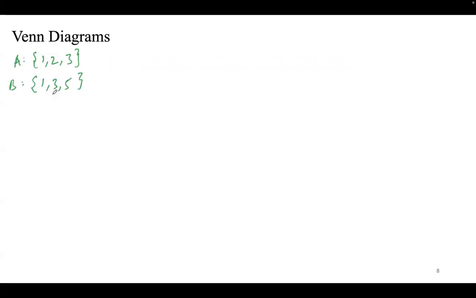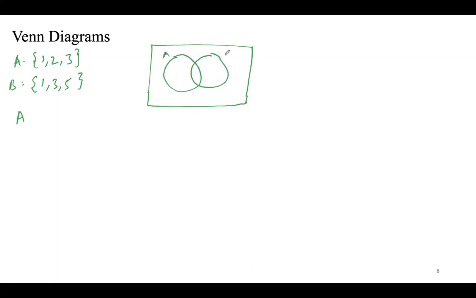Okay, first of all, I need to draw it. Typically, you will just draw two circles, call one of them A and the other B, and now we can fill in. Let's start off with the intersection, the common overlapping part. You can check that the numbers 1 and 3 fall in the common part.